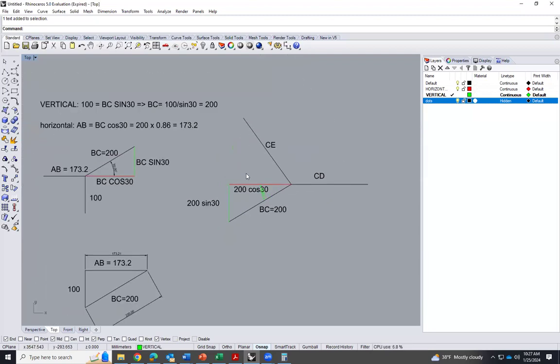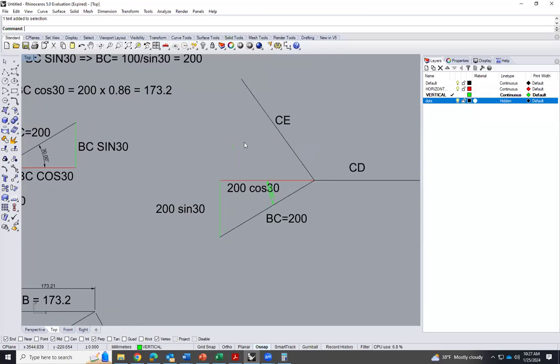And now we have CE. Be careful, because here we have two horizontal components, because we have CE, we move it down. So this vertical component will be CE sine of this angle.